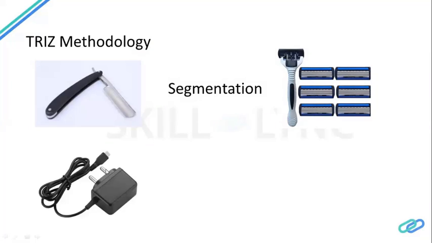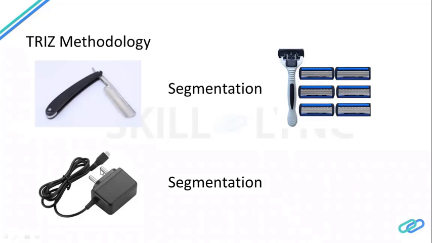Similarly, another example, if you remember in the past, we used to have these kind of chargers. Now here the value is at the end where you actually have the charging pin. And also the value is here where you connect to the power cable or the power station. Again, apply the same principle, use segmentation. So if there is a problem in any pin, we have to throw away the complete product.